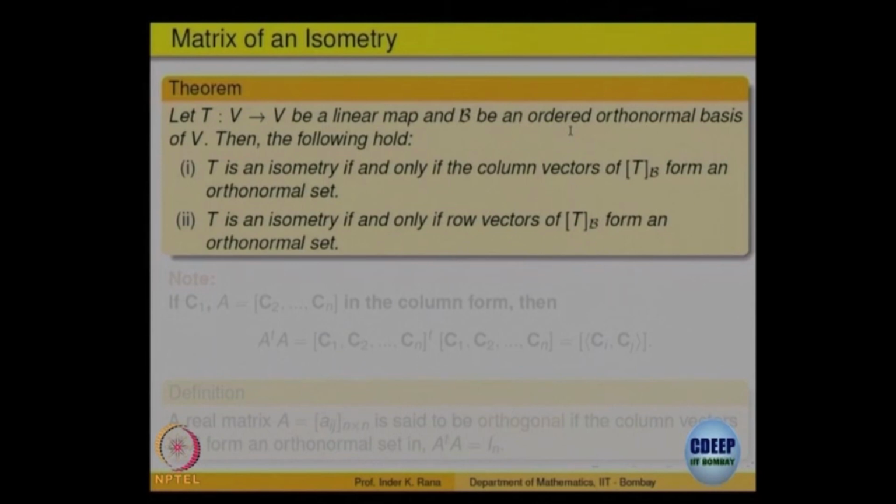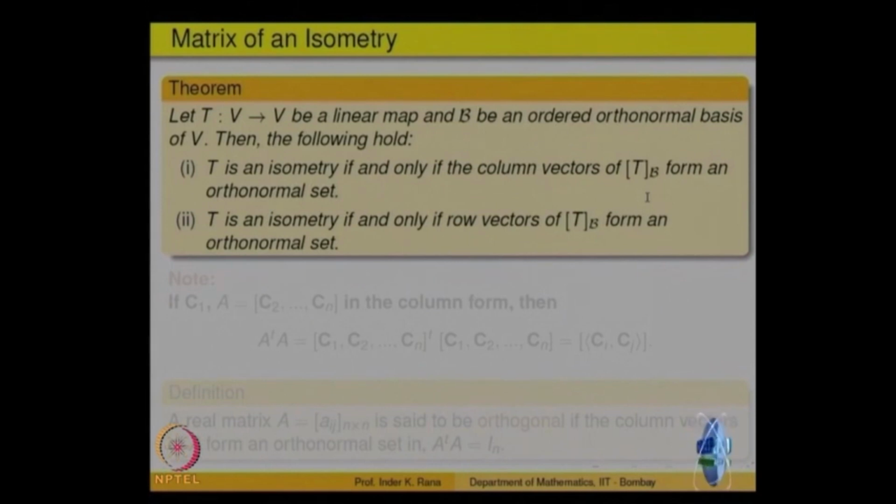The important thing is that T is an isometry if and only if the column vectors of the matrix of T form an orthonormal set. Given any linear transformation and an ordered basis, you will get a matrix, and so you will get the column vectors.